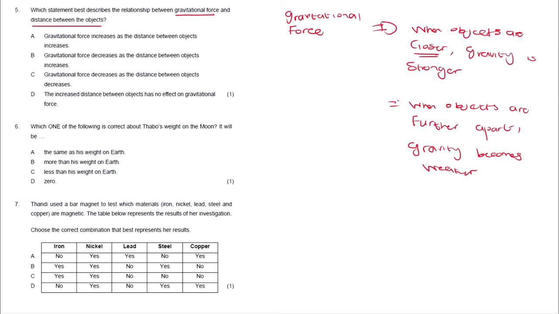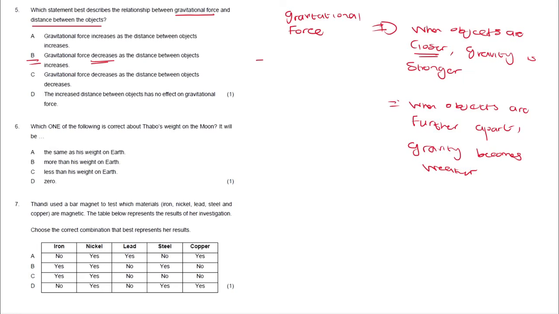And by saying that, we can easily see that our answer will be B, because B says that gravity force decreases as the distance between objects increases. So what does that mean?